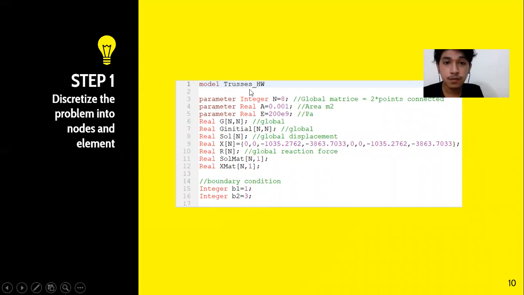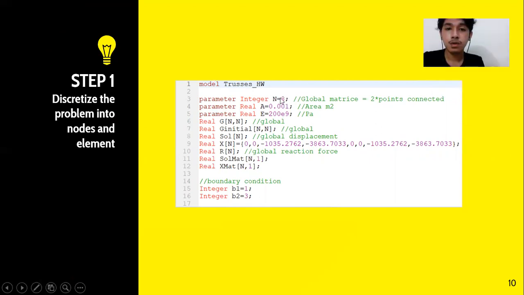With the model of trusses, we get to do this algorithm with the code of, for example, n equals to 8. It is the global matrix that is also equals to 2 points connected, and then there is also a parameter of area A equals to 0.001, which is the area in meter square, and then the elasticity to the power of 9 pascals.